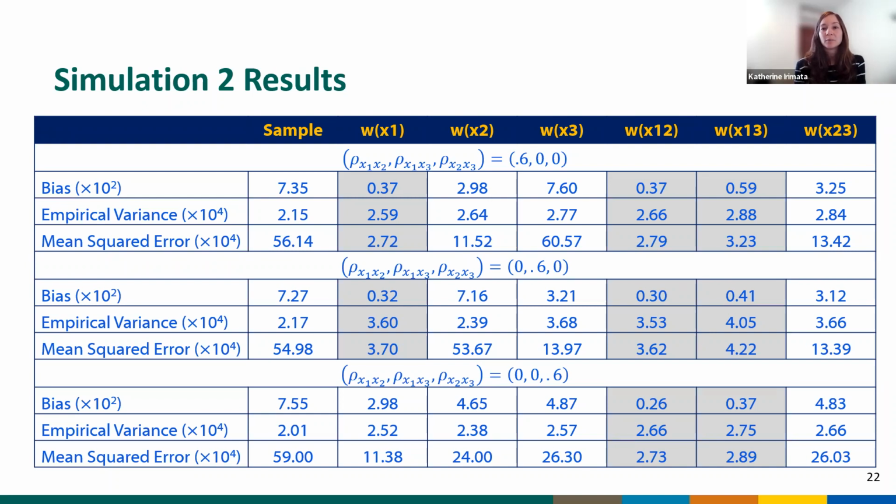One of the key findings is that earlier we had shown that if there is correlation between a confounder variable and any other type of variable, so confounder and predictor or confounder and a selection variable, which is shown in these first two segments of the table, then including a confounder only in the propensity score adjustment is sufficient for reducing bias or for producing unbiased estimates. And we can see that that's true.